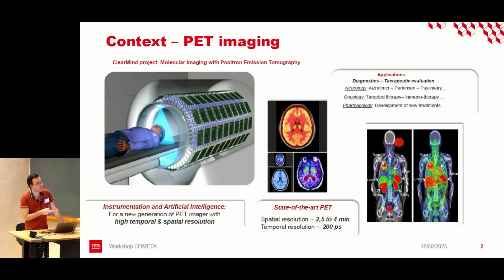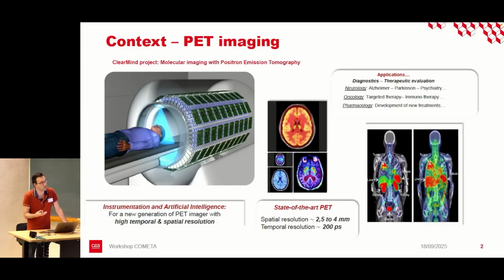This modality of imaging is very interesting and very important, and has been in development over the past few years. Now there is a challenge, which is the improvement of the spatial and temporal resolution of this kind of imaging modality.